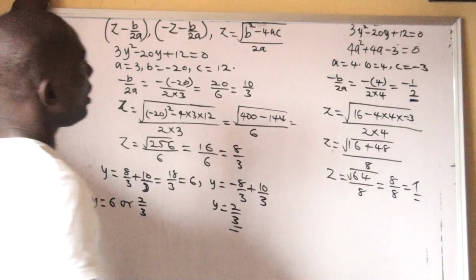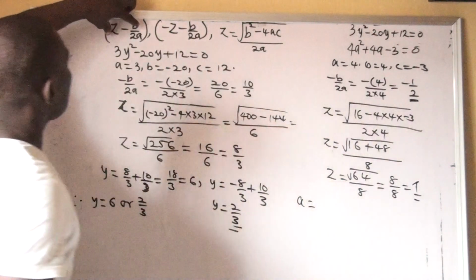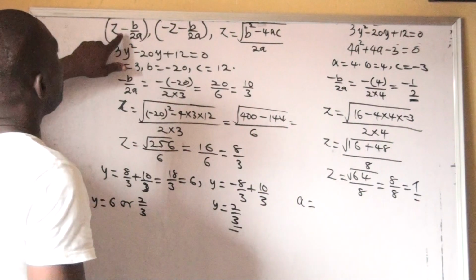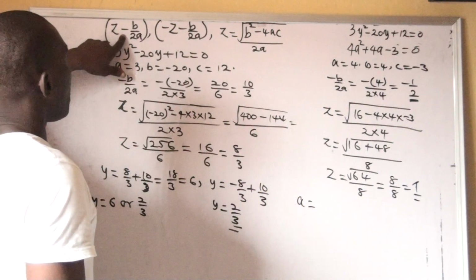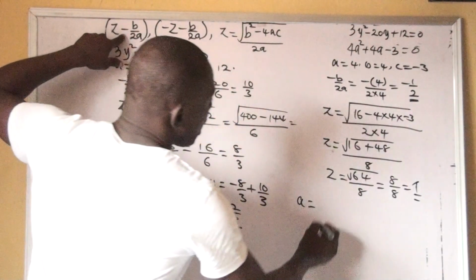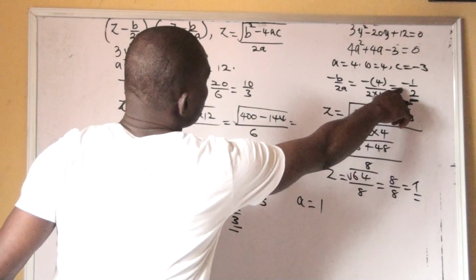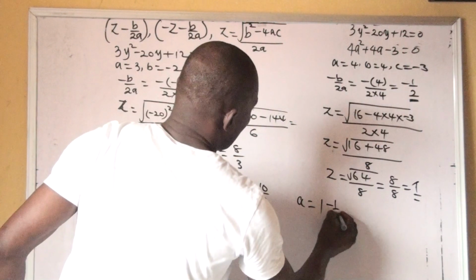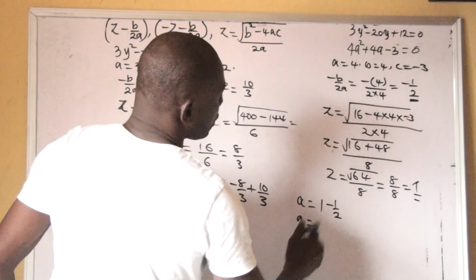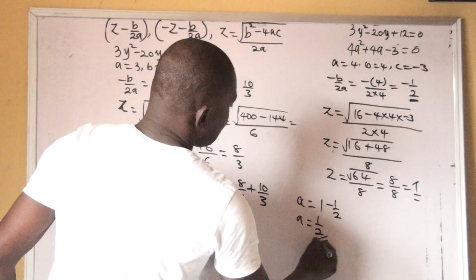To obtain one of the roots, we pick z, which is 1, and add the value of minus b over 2a to it. Minus b over 2a is minus a half, so 1 minus a half gives us a half.